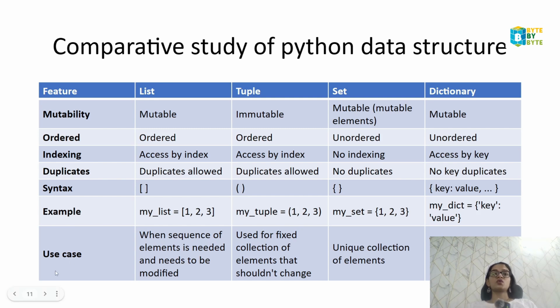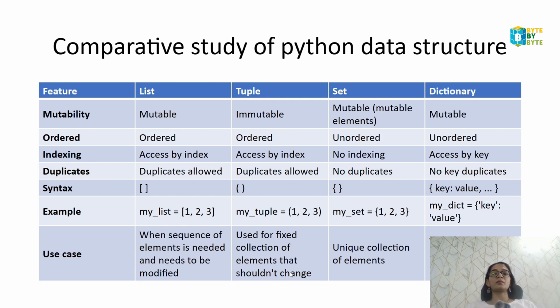Okay. So where will these data structures be used? Whenever you have a sequence of elements that need some modification, at that point you can use list. Tuple, where you do not need to change the element once it is fixed.